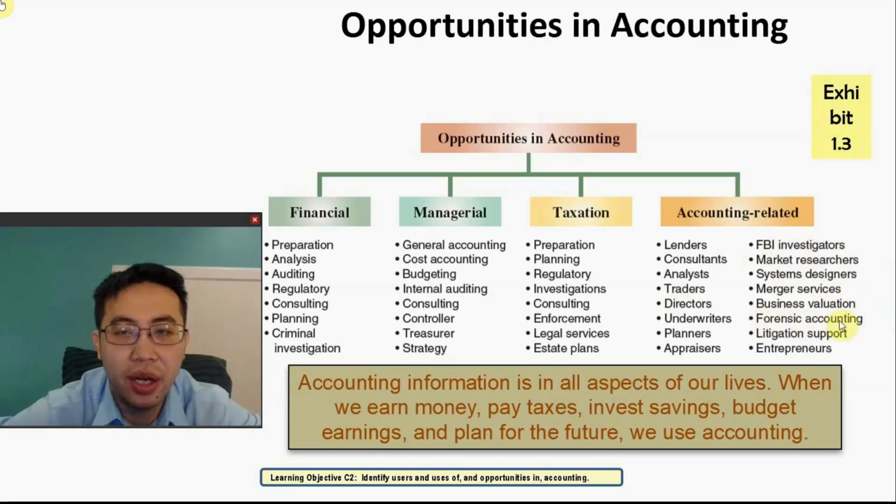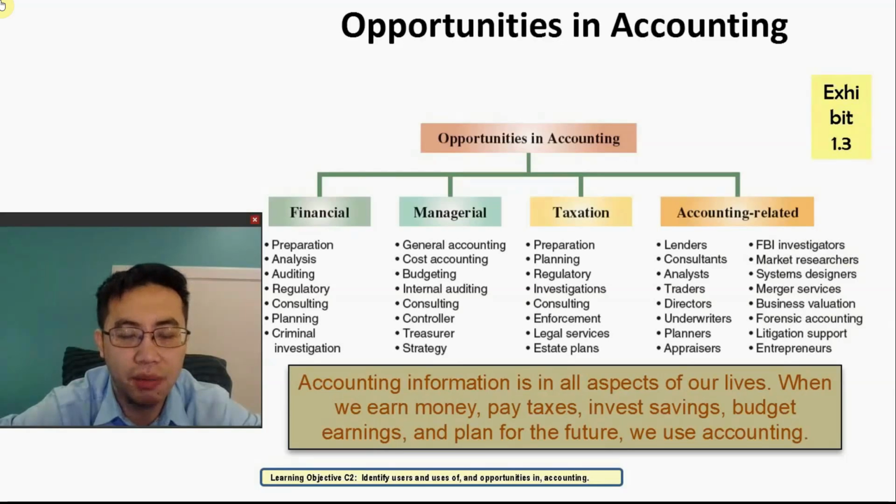What I want to pinpoint here is FBI investigators and also forensic accounting. Forensic accountants and FBI investigators are both for examination of fraud in the accounting profession. And fraud is different from human mistakes or errors because frauds are intended crimes. People want to do the bad things, and that is where the police come in. So first, we can hire a forensic accountant.